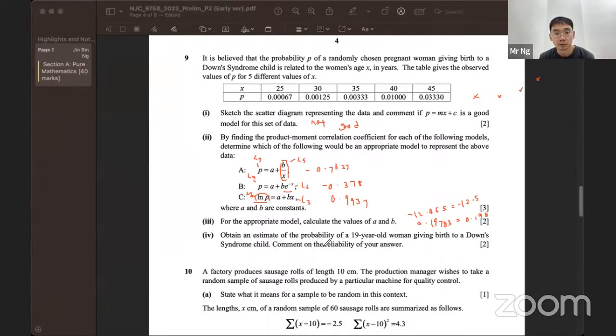Then an estimate of probability of, what's this? I never even read the question. This one is woman age and probability.